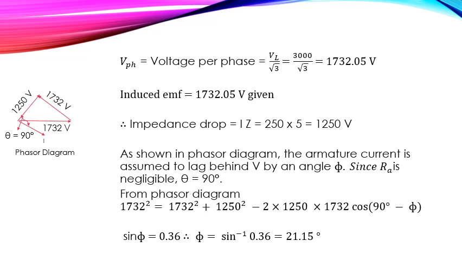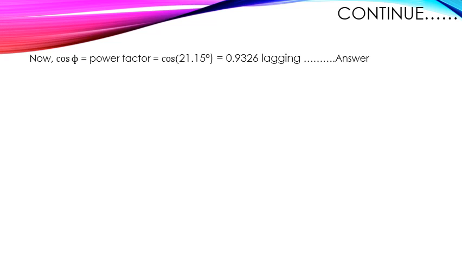So using that we can calculate the phi is equals to sine inverse of 0.36, and that is 21.15 degree. So power factor can be calculated just taking the cos of 21.15 degree, that is 0.9326 lagging.